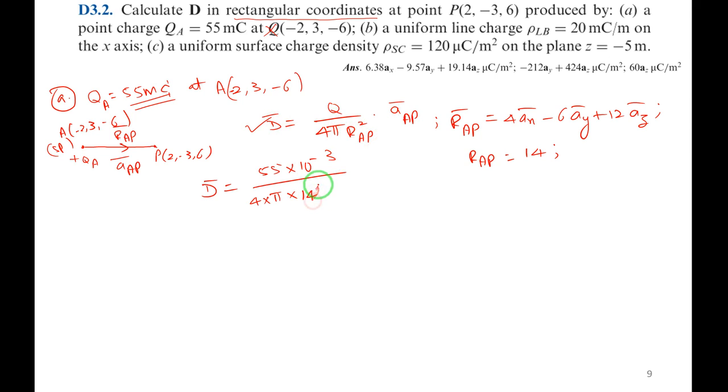RAP square is 14 square, into AAP, which is RAP, 4ax minus 6ay plus 12az, divided by RAP. I will make it a cube and take it here. So 55 exponential minus 3 divided by 4 into pi into 14 cube. I am getting 1.595.